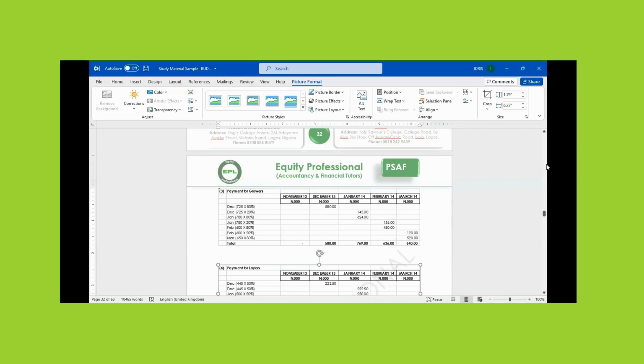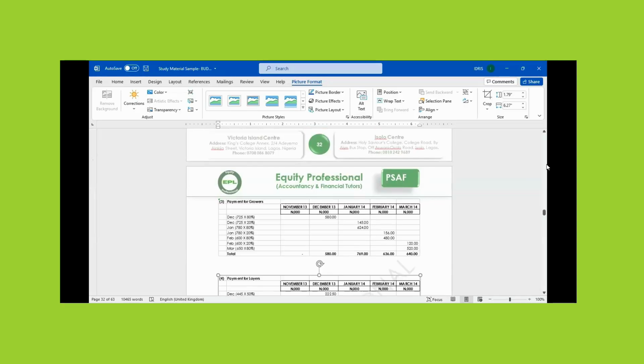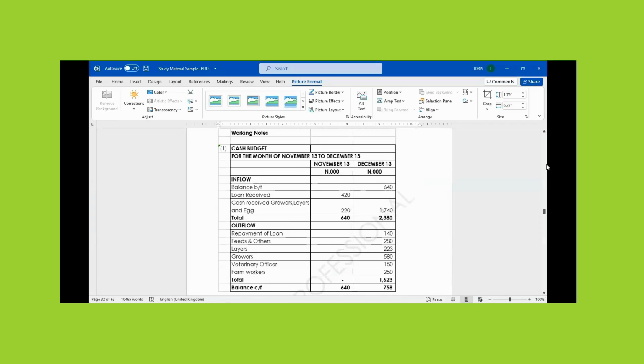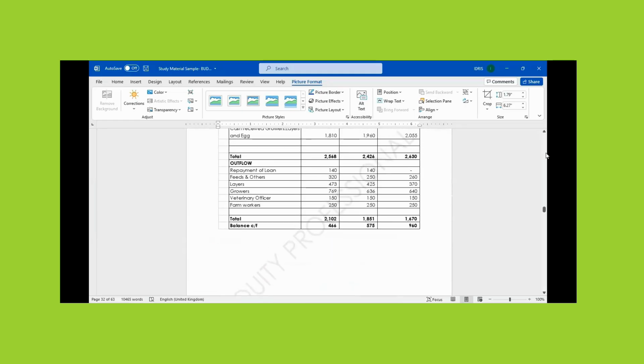First, we look at working note 1, growers for December, 580. We put that. We go to the main solution, growers for January to March.